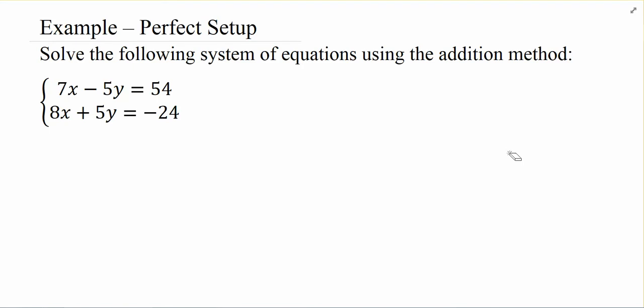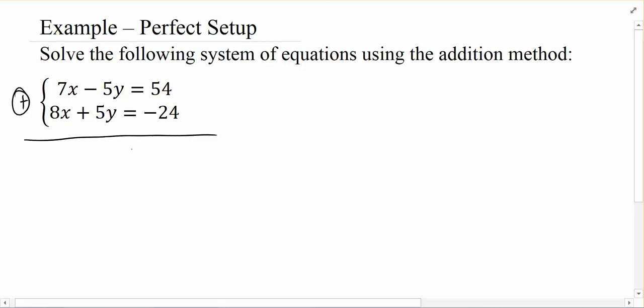And so this first example I've called the perfect setup. Because if we add these two equations together, and by adding them together, I mean let's add the left sides together and add the right sides together. 7x plus 8x is 15x. But the important thing is that negative 5y plus 5y is 0.